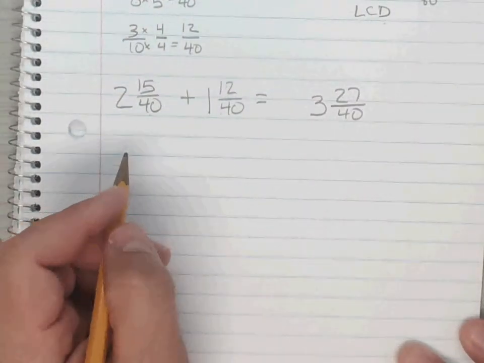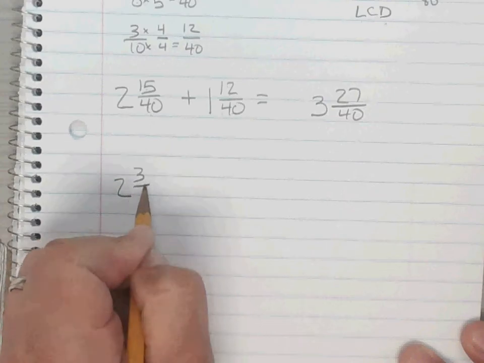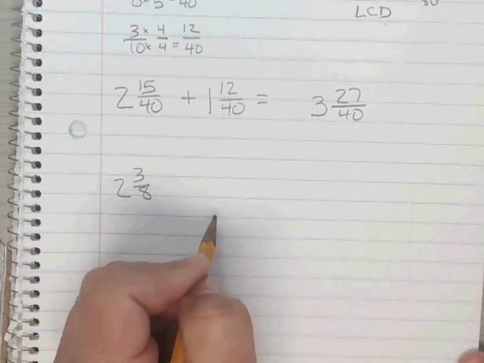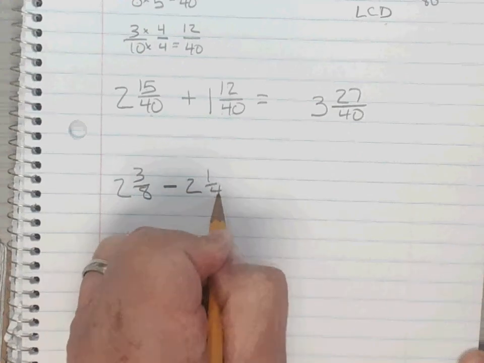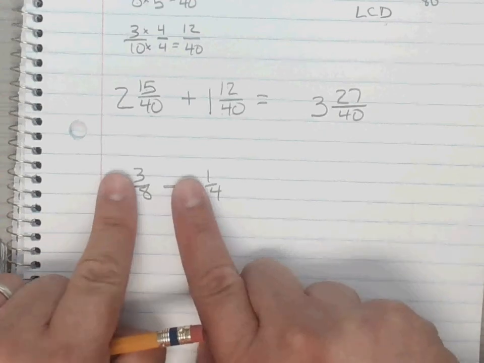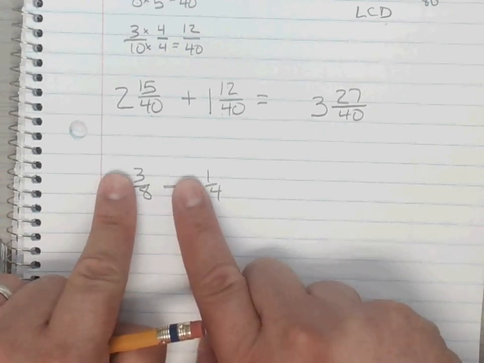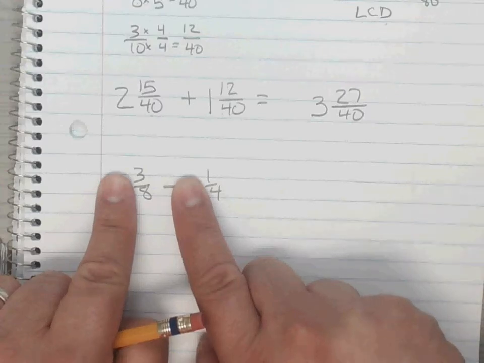We're now going to do 2 3/8, and this time we are going to subtract 2 1/4. Again, I can ignore the whole numbers, and I can say to myself, can I subtract 3/8 and 1/4?